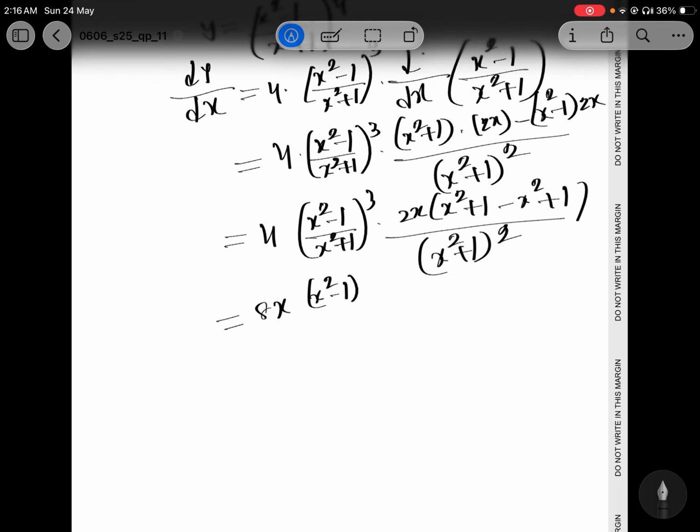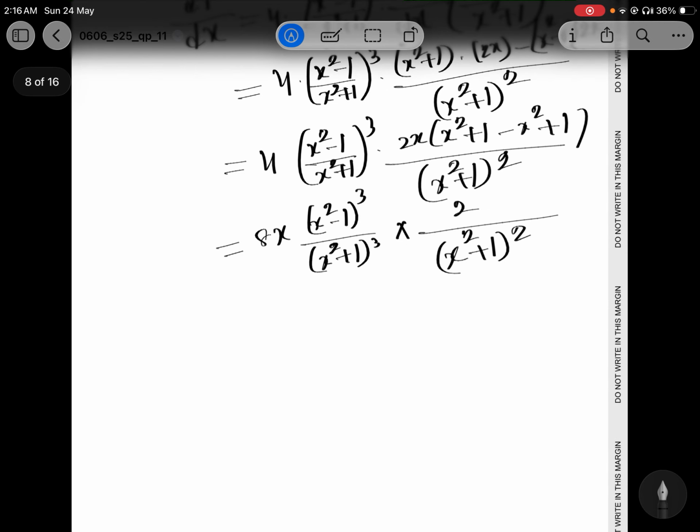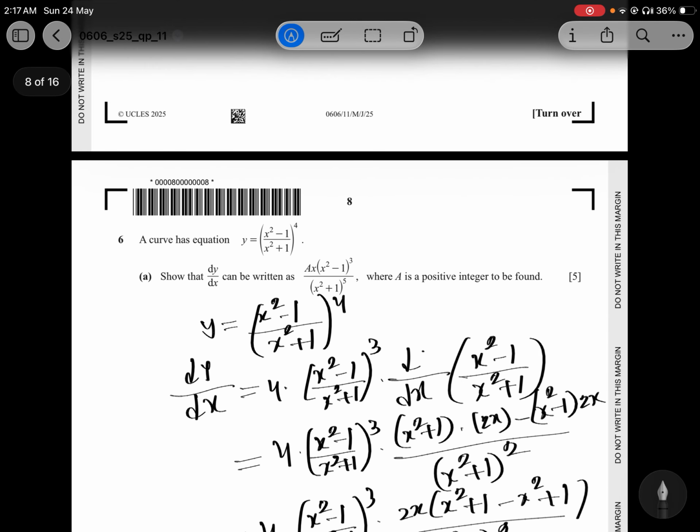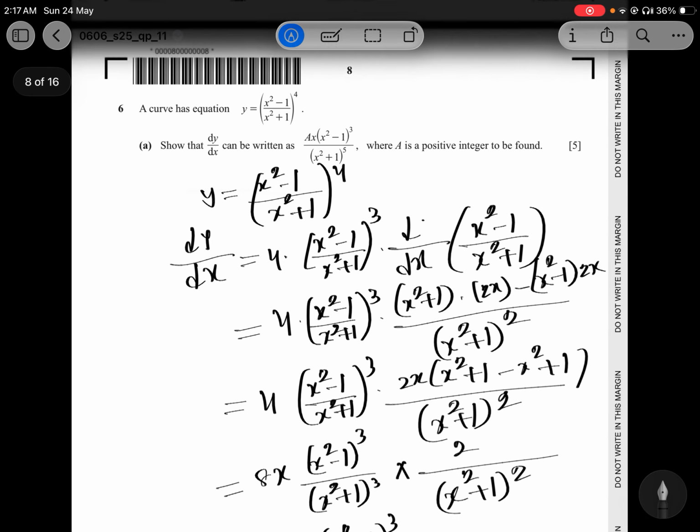So (x squared minus 1) to the power 3 over (x squared plus 1) to the power 3, times (x squared plus 1) squared. Here x squared is gone, just 2. Now 16x times (x squared minus 1) to the power 3 over (x squared plus 1) to the power 5. Yeah, and a is the integer to be found, which is 16.